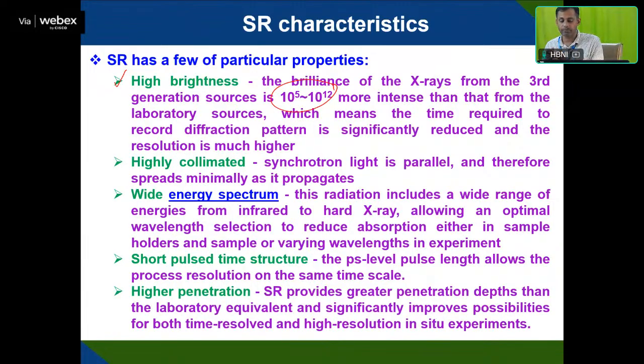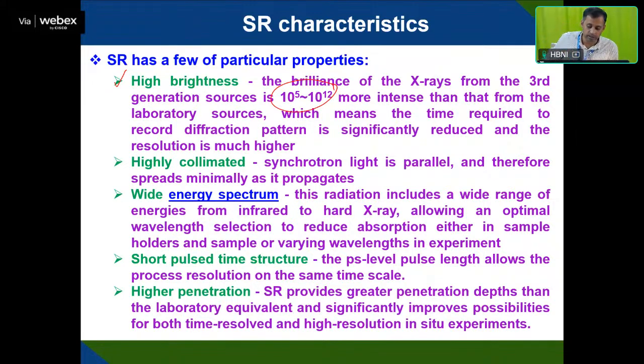Synchrotron light is parallel, therefore the beam spreads minimally as it propagates. So that is highly collimated. It has a wide energy spectrum: the radiation can include a wide range from infrared to hard X-ray. So depending upon your usage, you can choose the particular wavelength and go for the determination of the X-ray diffraction pattern.